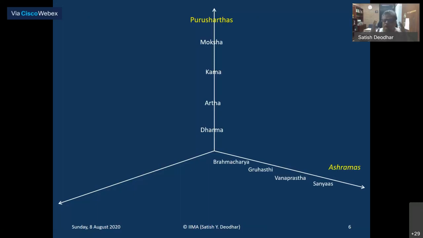So while you are looking for 4 objectives in life, at the same time, a person is going through these 4 stages of life, right? And while one is going through these 4 stages of life, one also notices that your objectives are also conditioned by what profession you are following. And there are 4 professions.